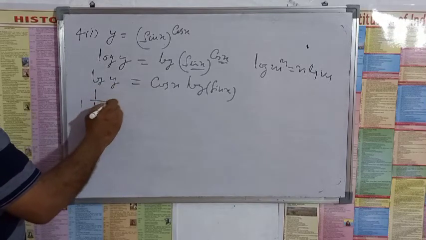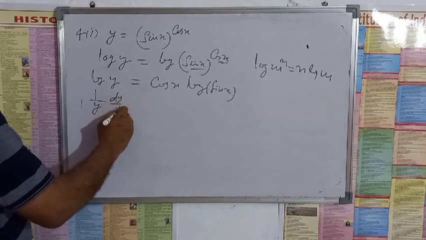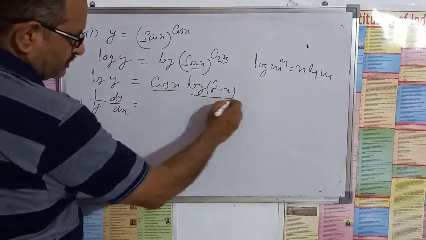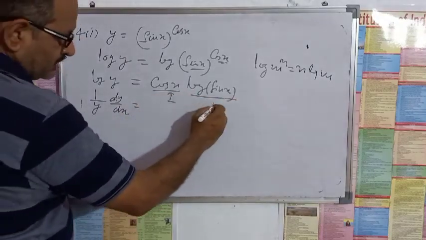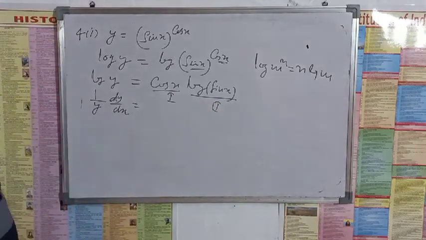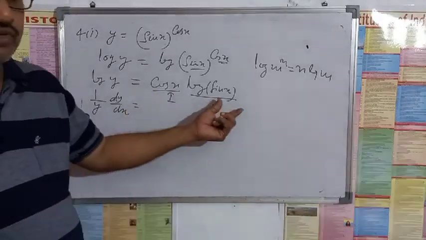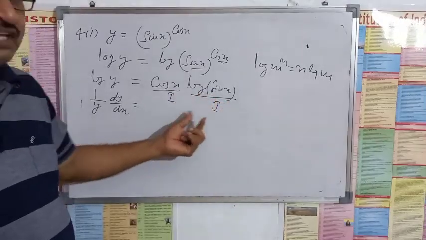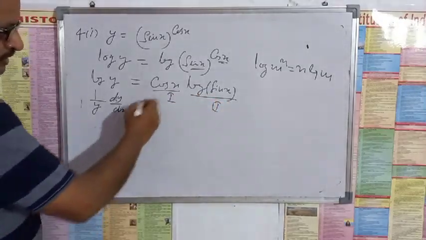Log y differentiation is 1 by y and y derivative is dy by dx. It is the product of two functions. First one cos x, second one log of sin x. We will apply here the product rule. What is the product rule?